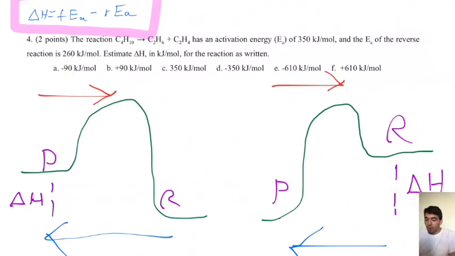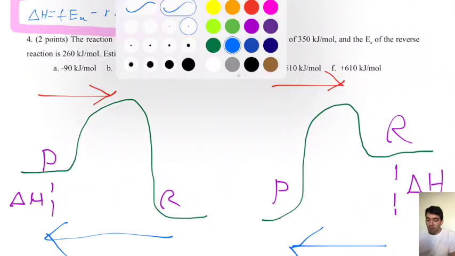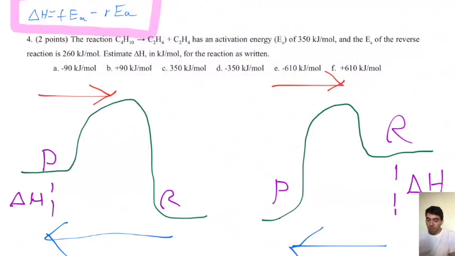So knowing whether it's exothermic, like the one shown below on the left, this right here is exo, and the one on the right is endo. You can tell this by looking at our products relative to reactants.